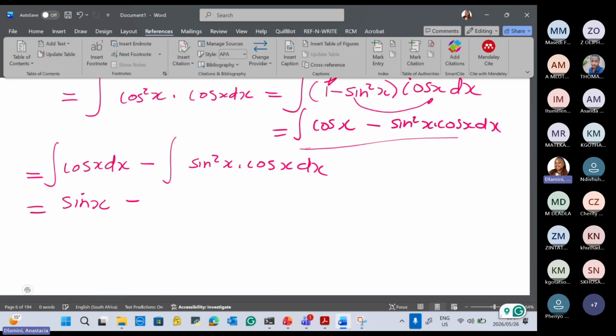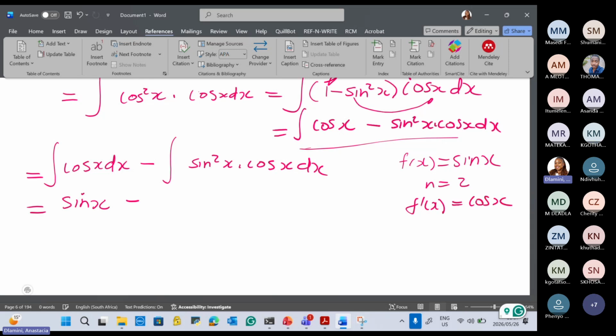Minus, can we integrate the second one? Yes, we can. Which rule are we using? The exponent rule, the one we used in our previous example. Because we can see that our function here is sine x, our n is 2, and our derivative here is cos of x.